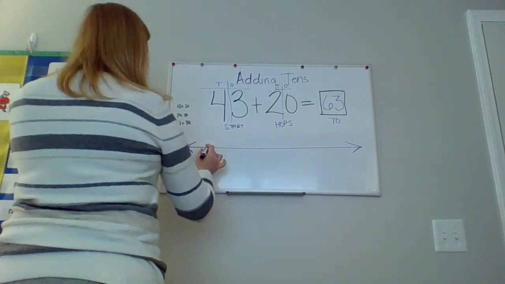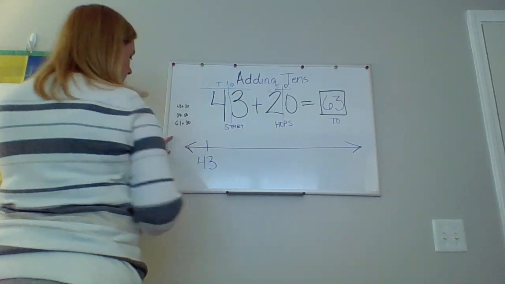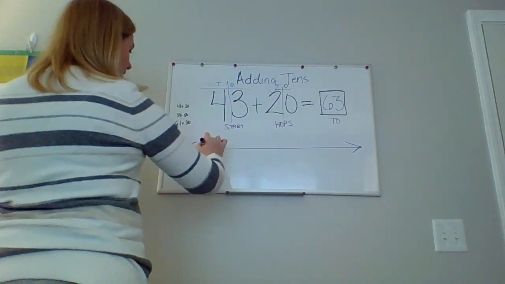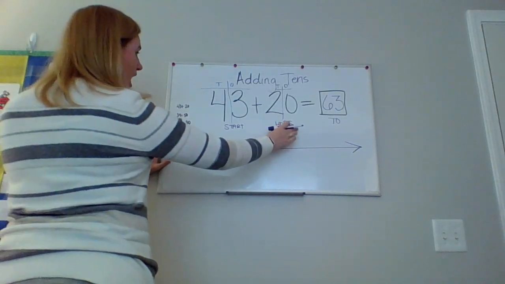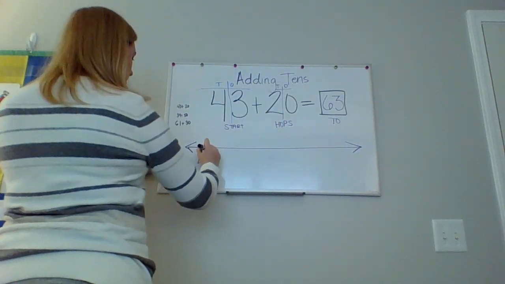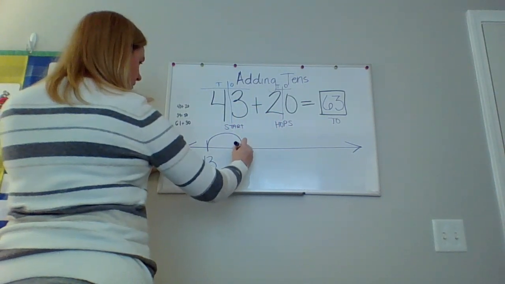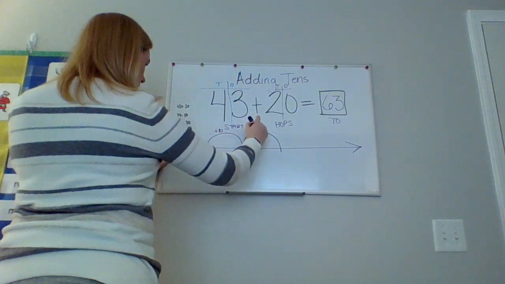Okay. So I'm going to start at the number 43. That's where I'm starting. Now my hops, I'm not going to do 1, 2, 3, 4, 5, all the way to 20. I'm going to hop by my tens. So I'm going to hop by 1 ten, 2 tens, plus 10, plus 10.